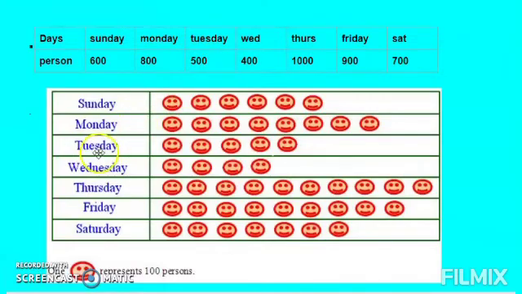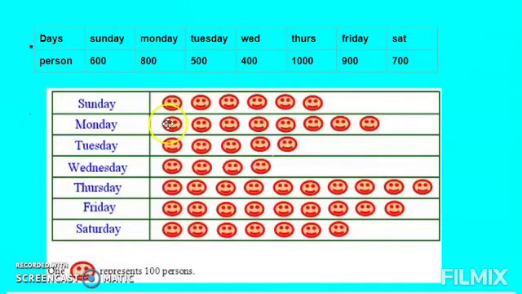So we will draw these number of pictures and we can represent that same data that was given in this table. We can show it in the form of pictograph. We just have to write down very clearly that one smiley represents 100 persons. So Sunday 600. How? Because we have made 6 smileys and one smiley is 100.